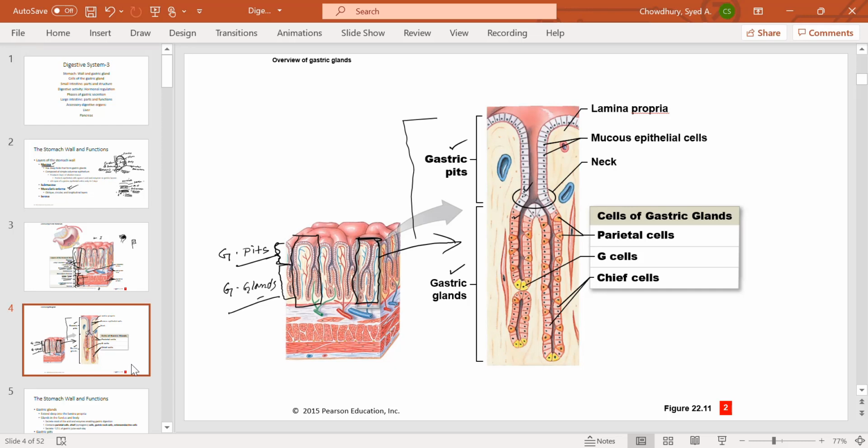And in the gastric pit you will see openings. From the gastric gland part, these cells, you see different types of cells shown by different colors, secrete the chemicals here, right? And those chemicals will get out through the gastric pit and get mixed with the food stuff here.